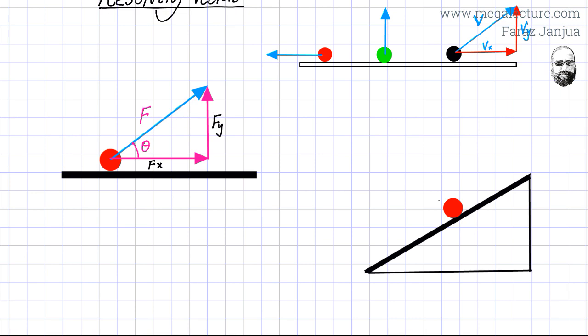Hence, sine theta equals unknown Fy divided by F. So Fy is F times sine theta.